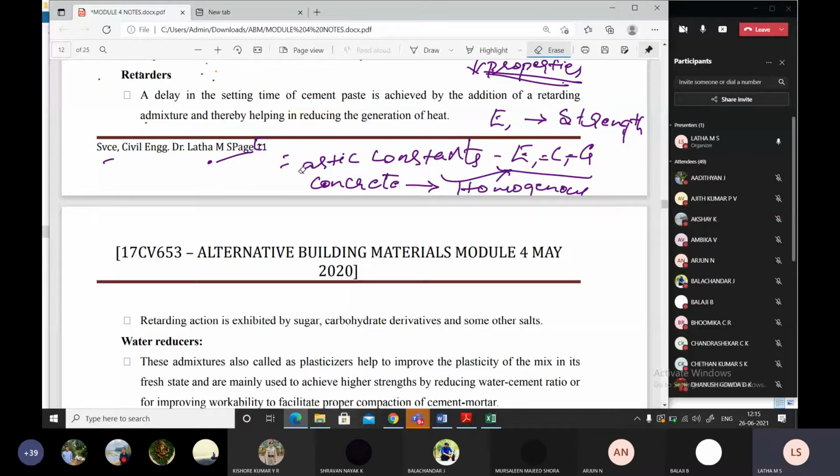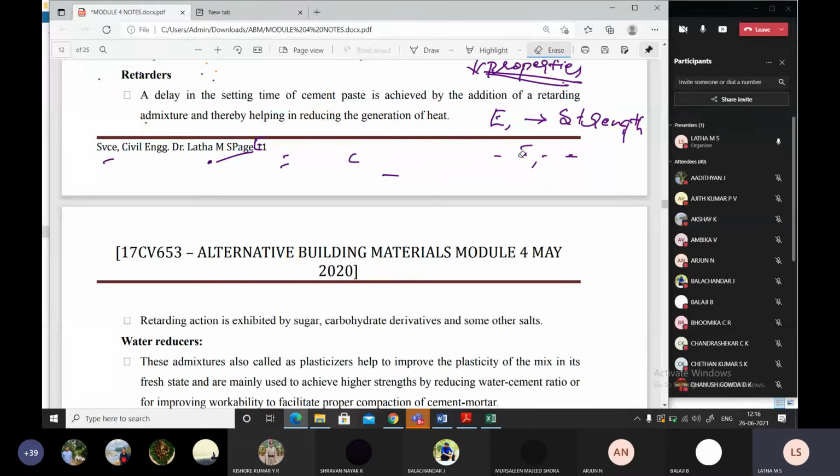Can you give me an example of a retarder? Commonly used; many a time I've told. Gypsum. Gypsum is a retarder. What will this gypsum do? It will retard the setting time, the initial setting time of cement or concrete.